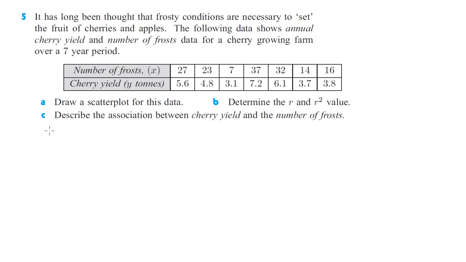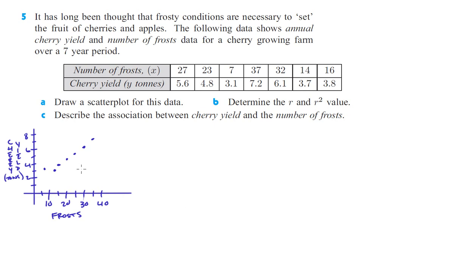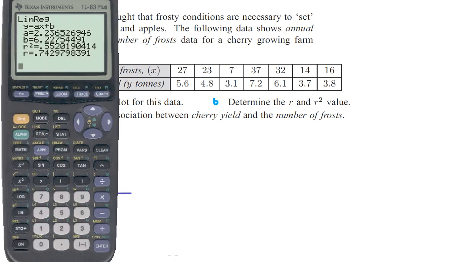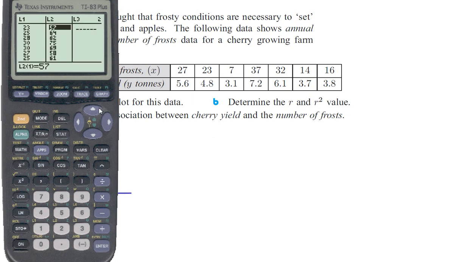So I'm going to draw our scatter plot, and then I'll start us back up again. Okay, so here's what the data looks like on our scatter plot. We're going to determine the R and the R squared by putting it back in the calculator. So I'm going to go into edit, and we're going to put all of our data in. All right, so here's all of our data entered in.